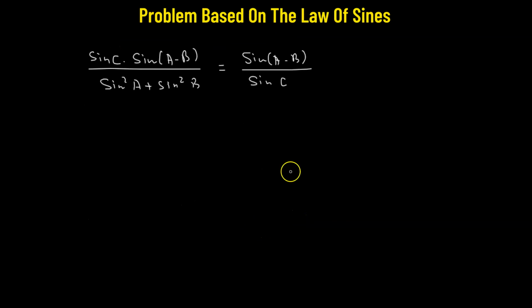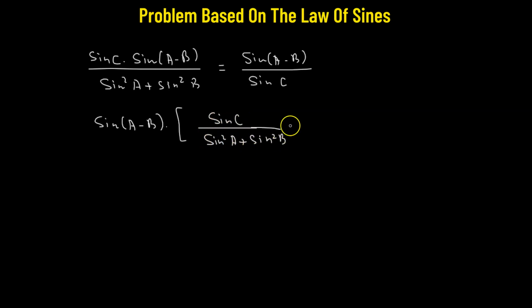Now we'll transpose the fraction from the right hand side to the left hand side. So sine(A minus B) can be taken as the common factor, multiplied by sine C divided by sine squared A plus sine squared B, minus 1 divided by sine C. So this equals 0.